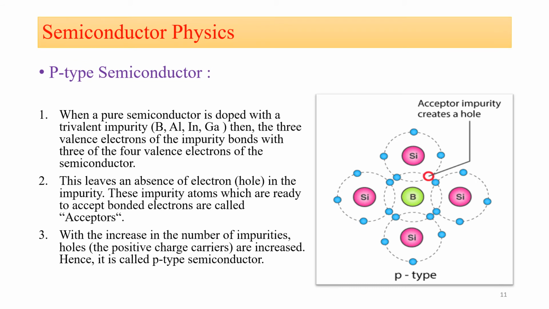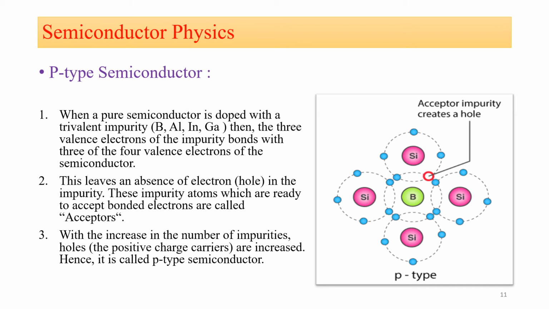Now what is P-type semiconductor material? When a pure semiconductor material is doped with a trivalent impurity, then the 3 valence electrons of the impurity bond with 3 of the 4 valence electrons of the semiconductor. It will be either silicon or germanium.